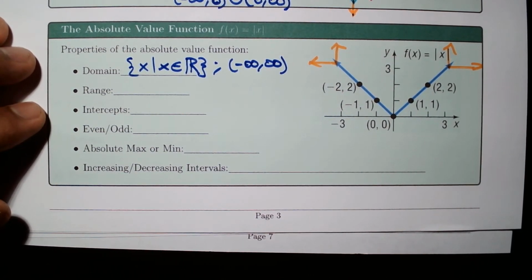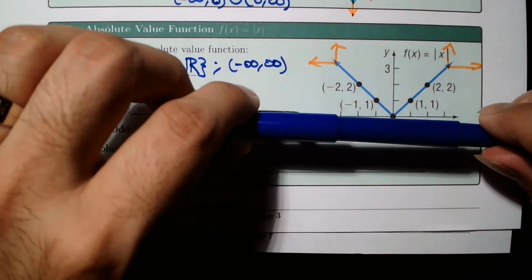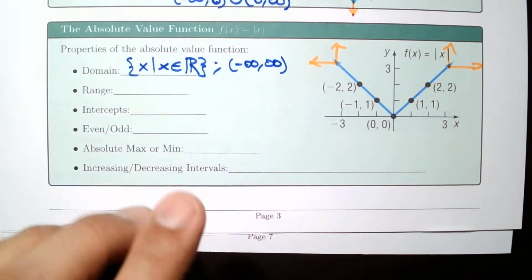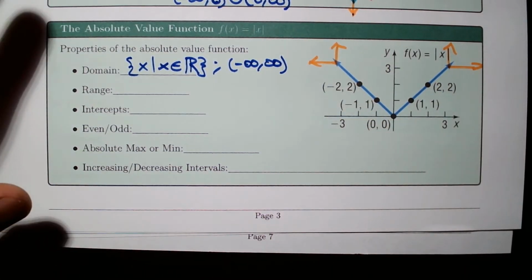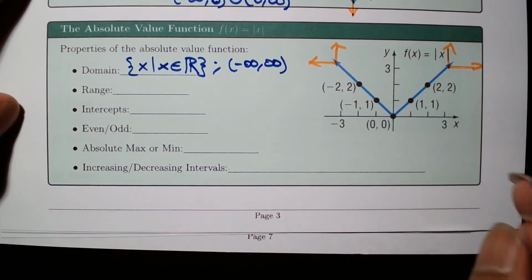The range of this function, what's the range of this function? In this case, we are going to scan the graph from bottom to top, and note it has a very similar shape to that of the parabola, like I believe it was the third one we analyzed here.